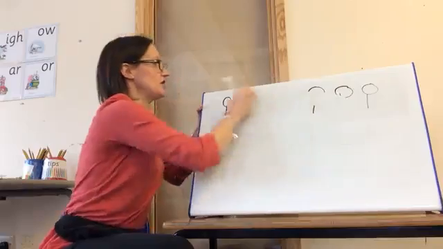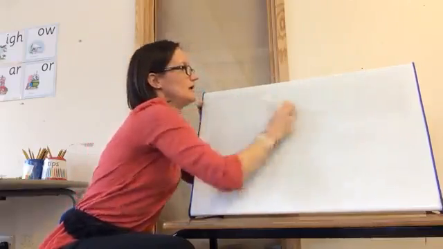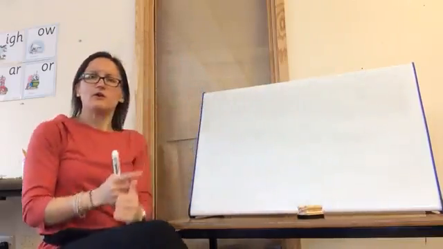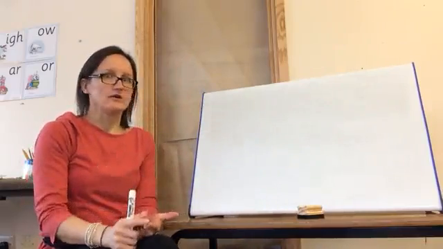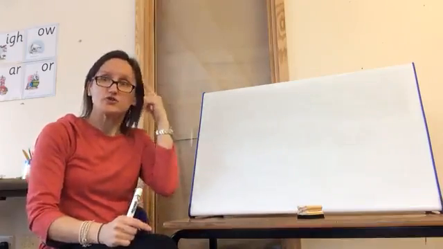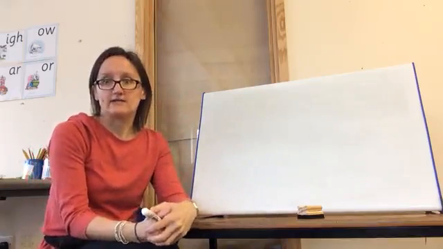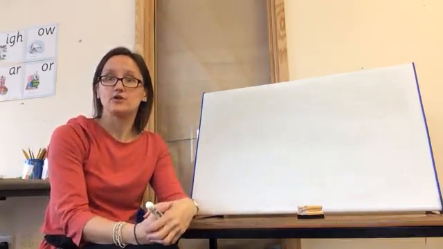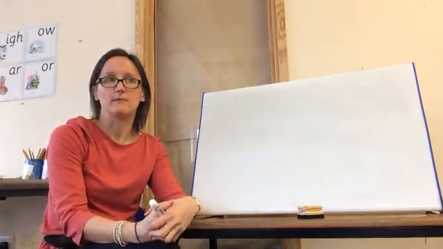But for some of you, you might not need to use objects, you might not need to draw pictures, you might just know some of our number facts that we've been practicing, and you can use those to help you.